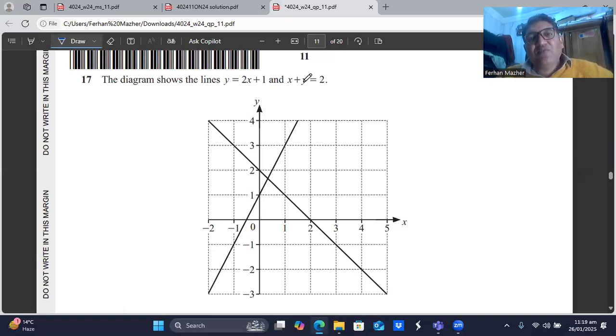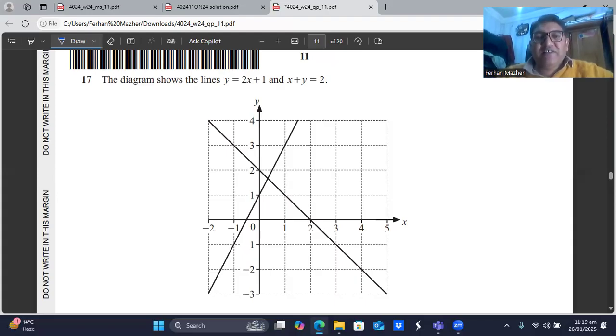For the other line, when you make y alone, x goes to the other side and it becomes -x plus 2. So this is a line whose y-intercept is +2 and gradient is -1. This is the graph of that line, because it passes through y-intercept 2 and its gradient is -1.